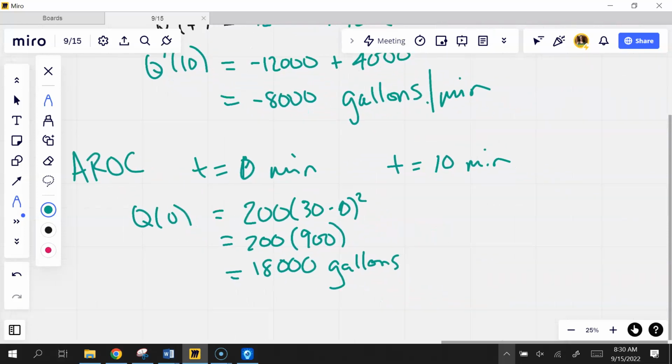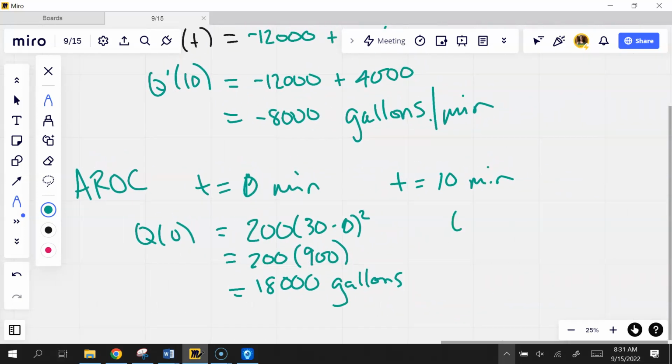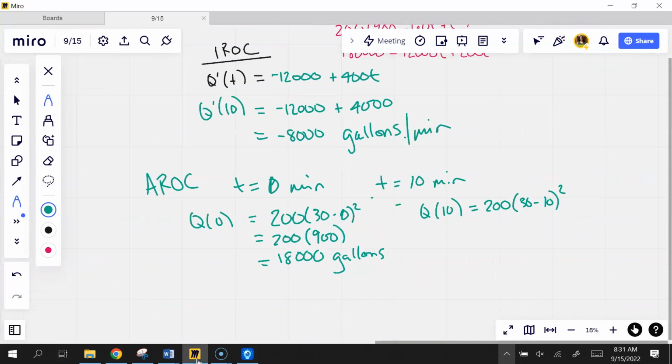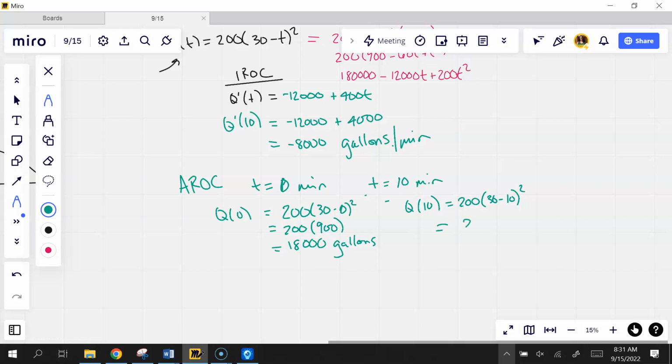How about 10 minutes? I should have a lot less, right? Because if I'm losing 8,000 gallons every minute, then Q of 10 should be a lot less than Q of 0. 20 squared, 200 times 400.